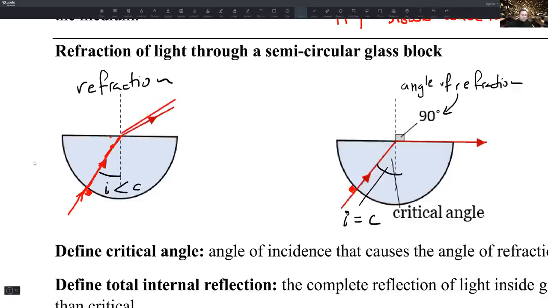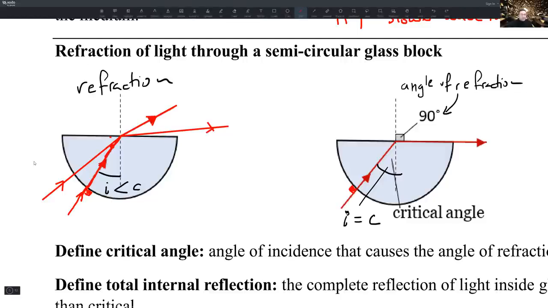away from the normal. It will bend away from the normal. And that's okay. If you keep increasing this angle of incidence, the angle of refraction will also increase.